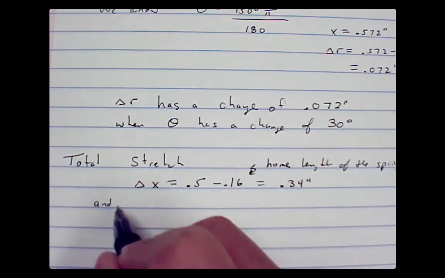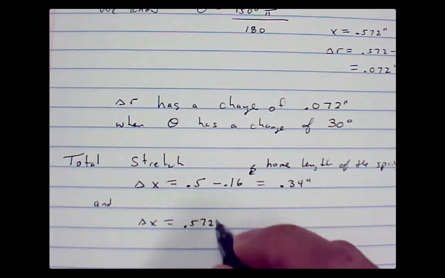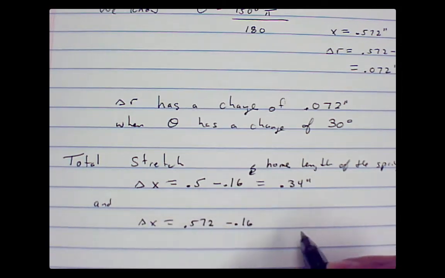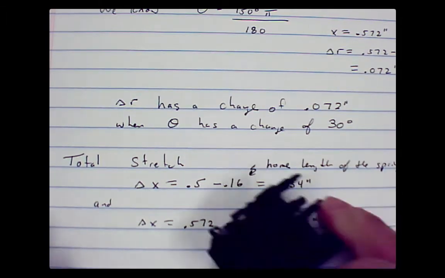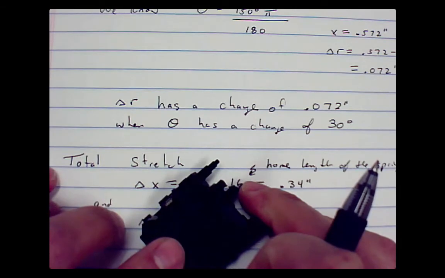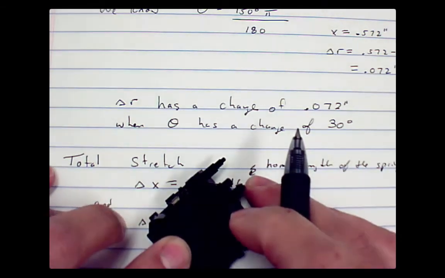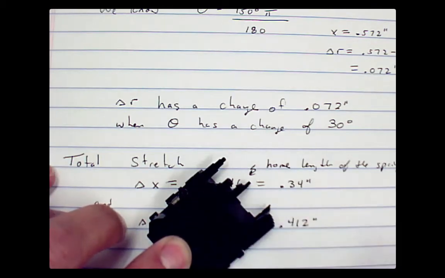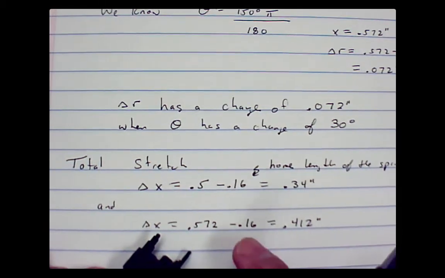And then for the other case, I had delta x is 0.572 inches minus the 0.16, which is 0.412 inches. So when this spring is at 150 degrees, when this shutter is at 150 degrees, the spring is being stretched a total of 0.412 inches.